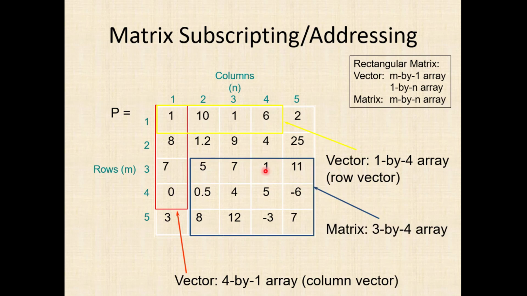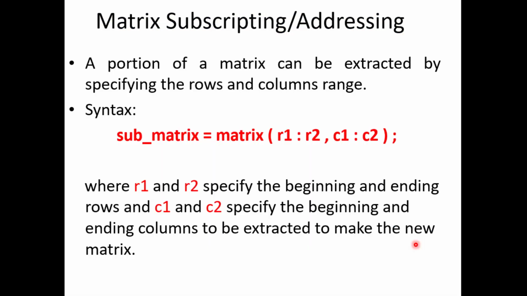Now we can have a subset of a matrix by defining a number of rows and columns. So for this matrix, we have 3 rows and 4 columns, which makes it a 3 by 4 matrix. In general, a portion of a matrix can be extracted by specifying the row and column range.